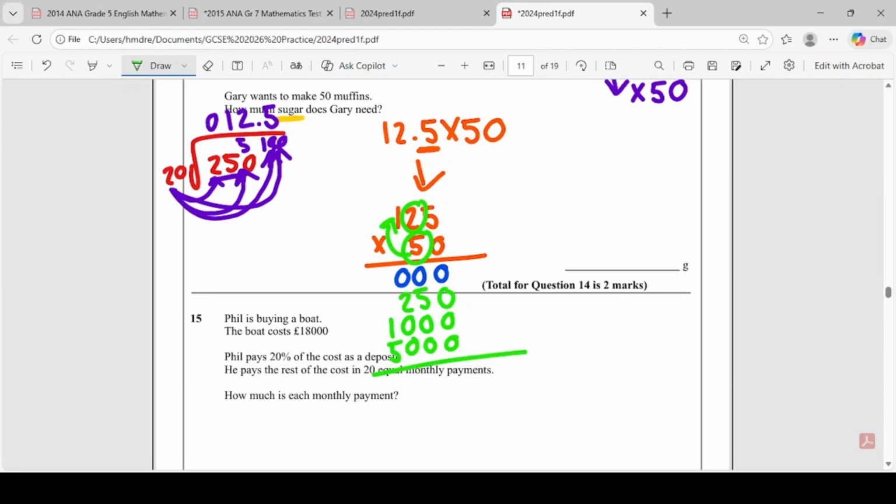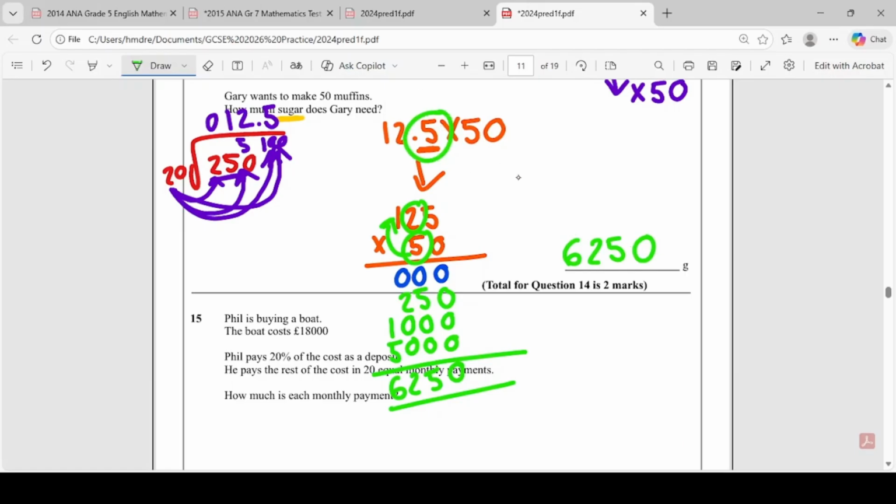And then I add them up. You don't have to do your multiplication in the same method as me. This is how I do it. But if you have another method, just make sure we get the same answer. So that's 0, that's 5, that's 2, and that's 6. So 6250. Well, we've got to remember we have to add back that decimal place.